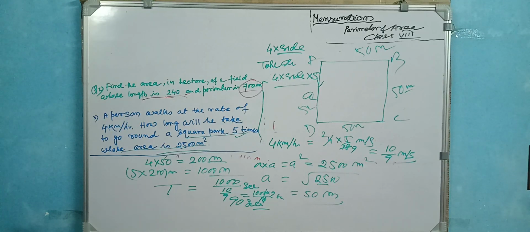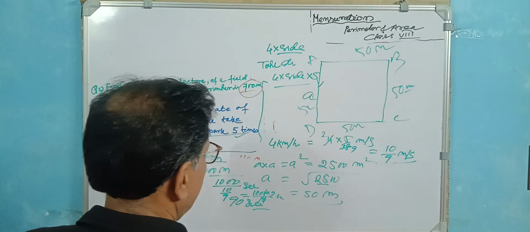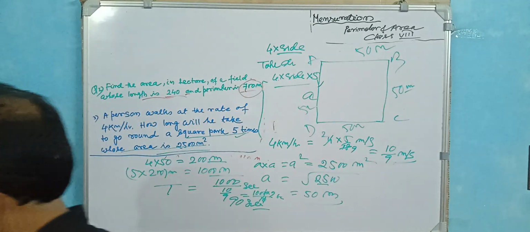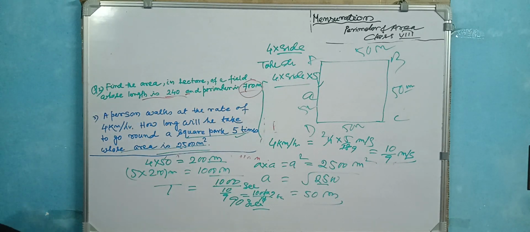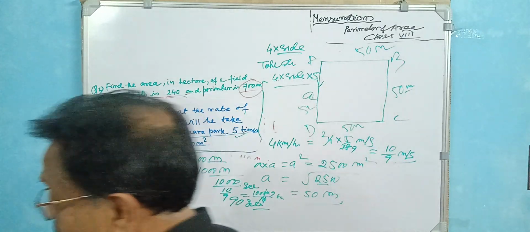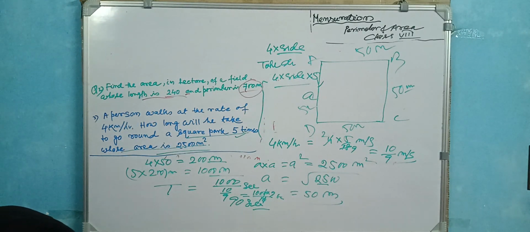Is it clear? 90 seconds, 1 minute. 5 into 200, 5 into 200 is 100. 100 by this, 90 second.